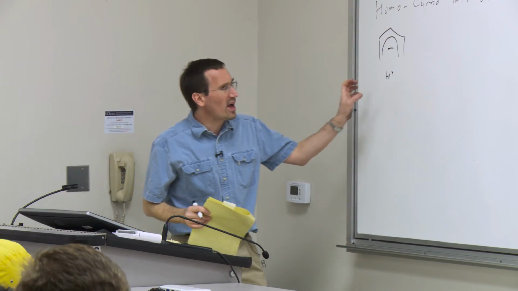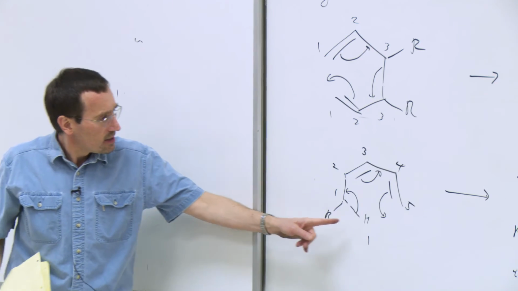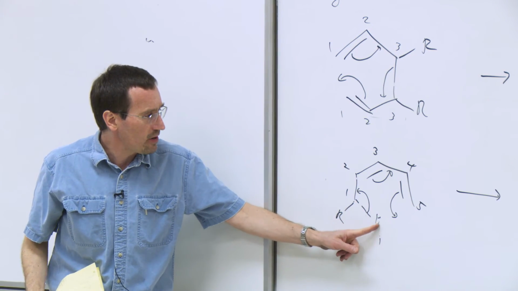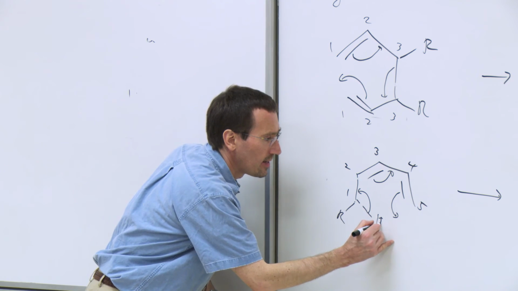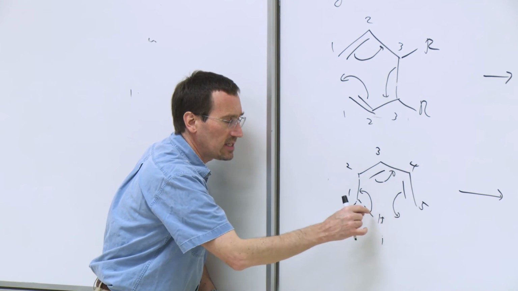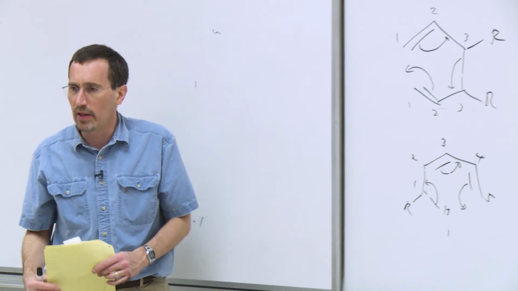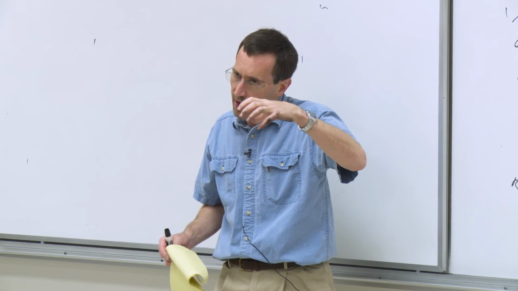That's a simple way to think about this. In other words, we're basically having a proton here, and that pentadienyl system has 6 electrons. The proton has 0 electrons, and they're combining together.